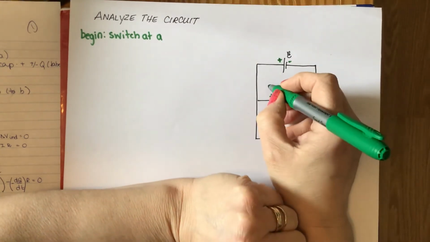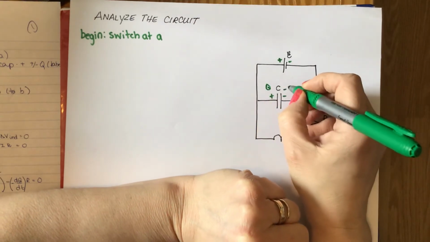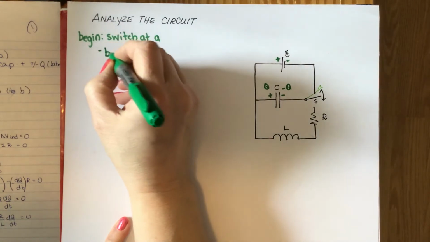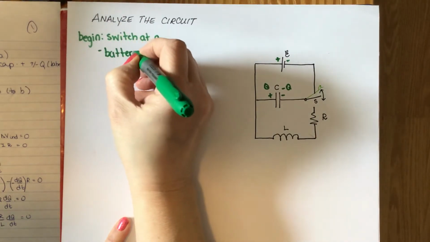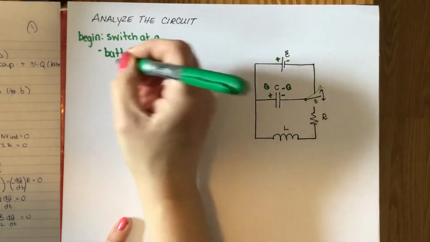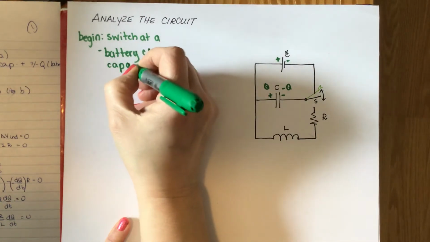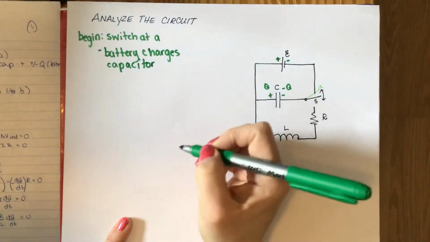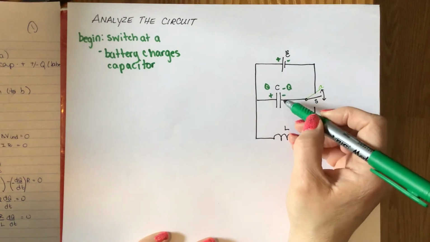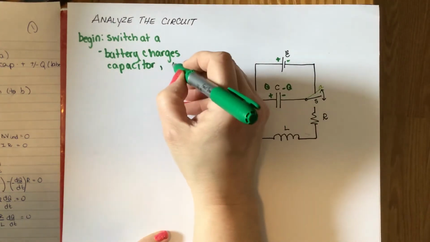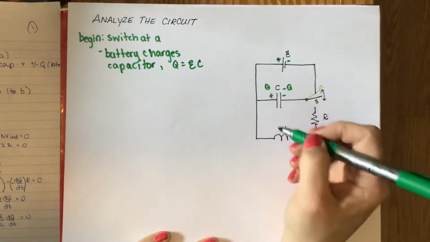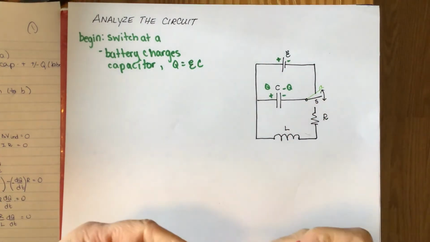This plate will have charge plus Q, and this plate will have charge minus Q. So the battery charges the capacitor, so that the net charges on the plates are plus and minus Q. The potential is across the plate, so the net charge Q is the potential, epsilon, times the capacitance C. So that's where we start.